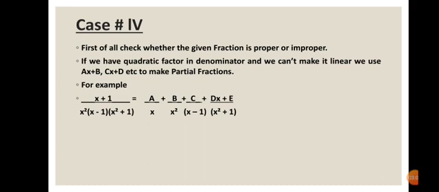Similarly, students, if there is x square minus 1 in the denominator, it will also be factorized as x plus 1 and x minus 1 and will be treated as linear, and the partial fractions can be made like A over x plus 1 and B over x minus 1.